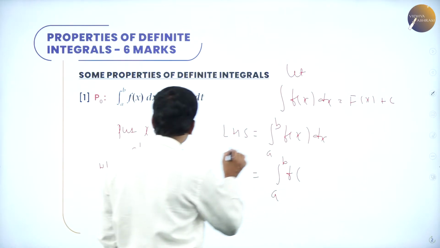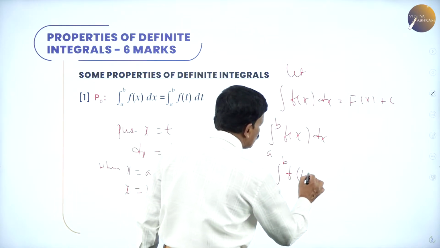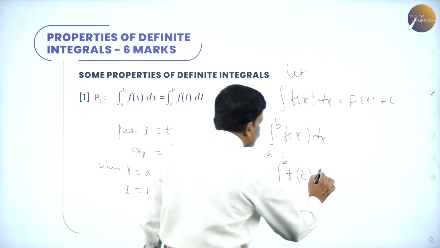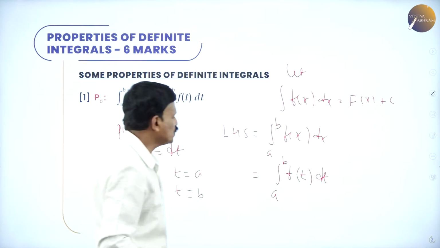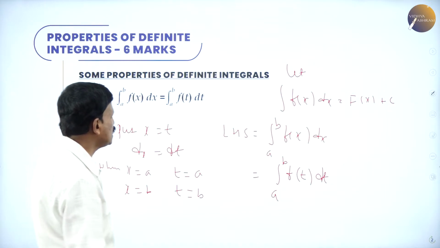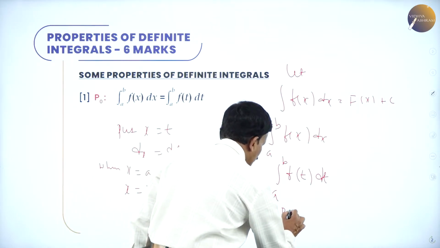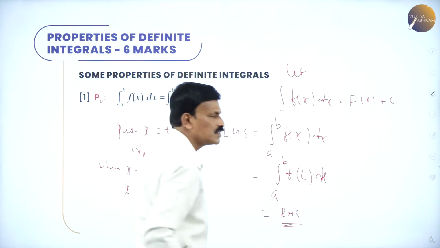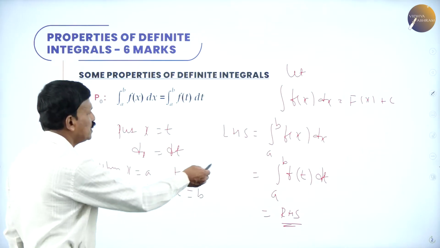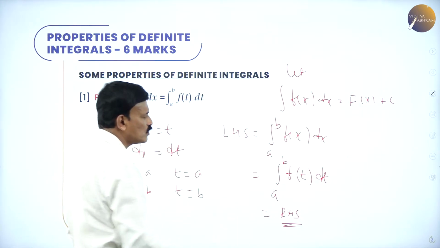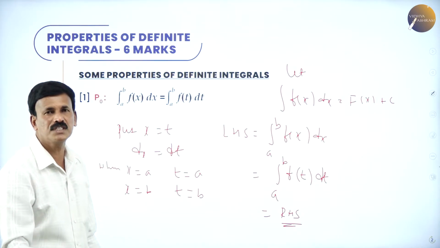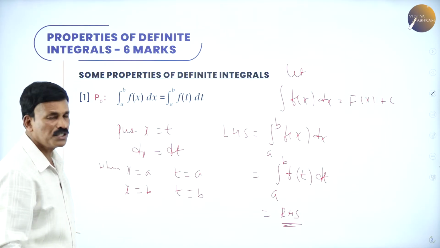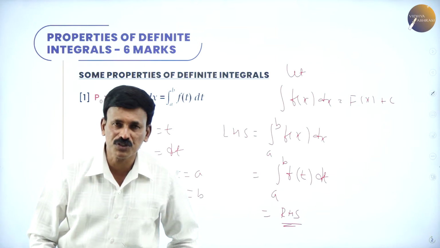F of x is replaced by f of t, since x is equal to t, and dx becomes dt. So integral a to b f of t dt, this is the required RHS. That's it. So integral a to b f of x dx is also equal to integral a to b f of t dt. If you change the variable x to t, it won't change anything.